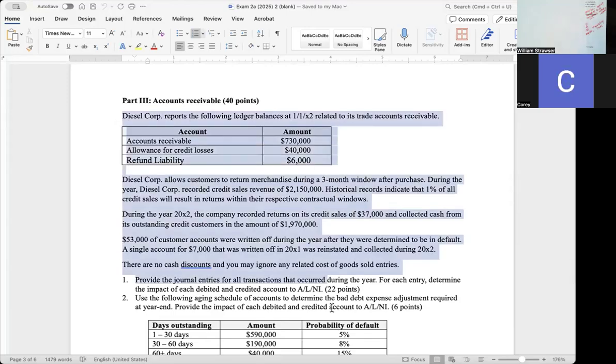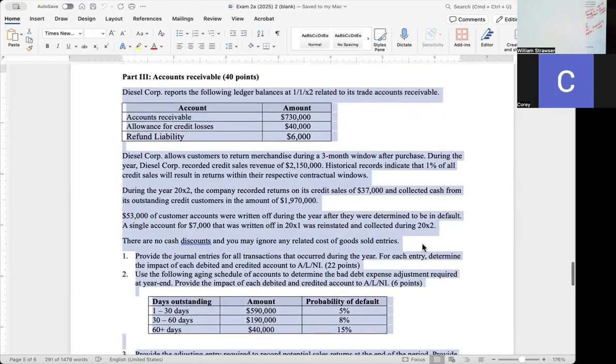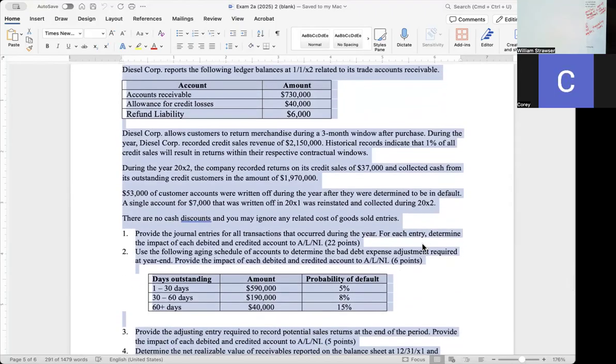This guy, yes, definitely know how to do every piece of this problem. You should know how to account for sales, collections, write-offs, returns, all of that is fair game.